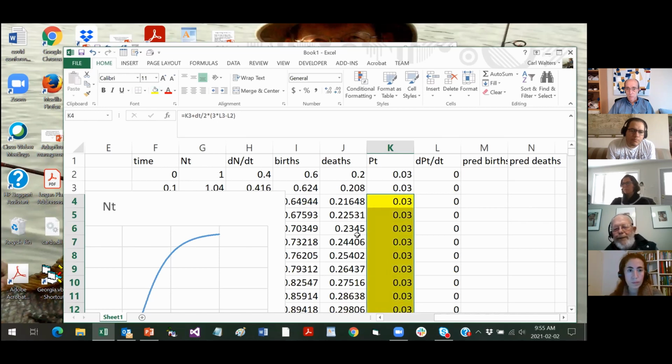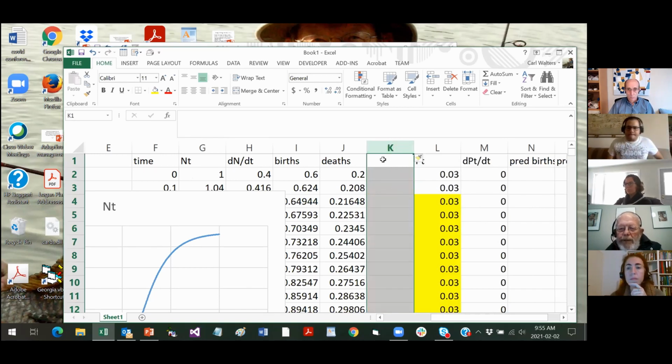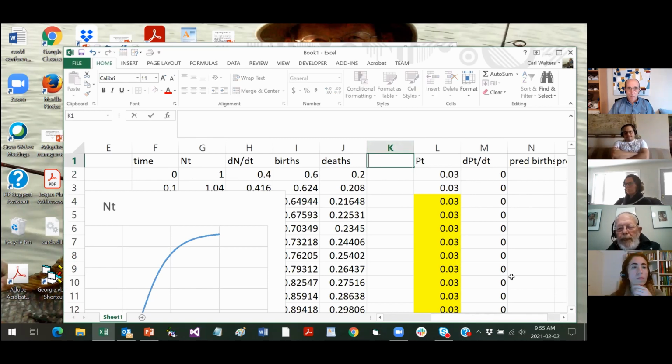And you may notice here that the predator population doesn't change because I haven't predicted any births and deaths. Now in between the state equations and rates for the two populations, I'm going to insert a column for number eaten per time.